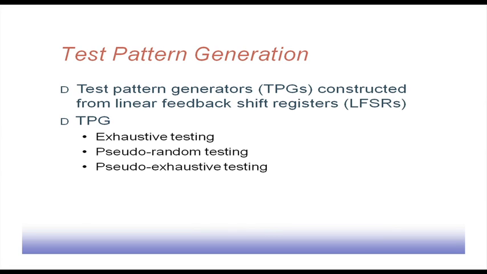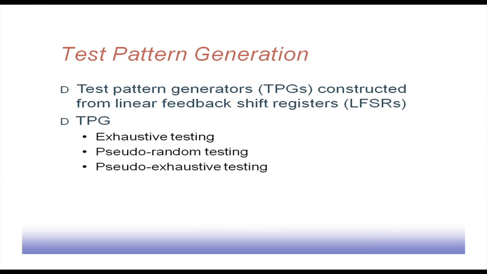Now, this test pattern generation philosophy can be for different types of situations. We can try for exhaustive testing, which requires that all patterns are applied to the circuit. Then pseudo random testing, which is basically random testing, but it is pseudo, that means after generating some patterns it will repeat itself.